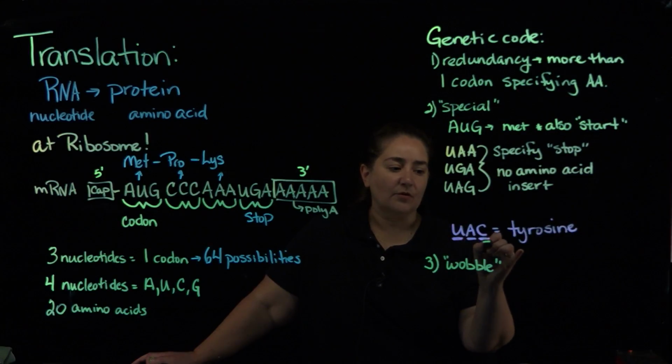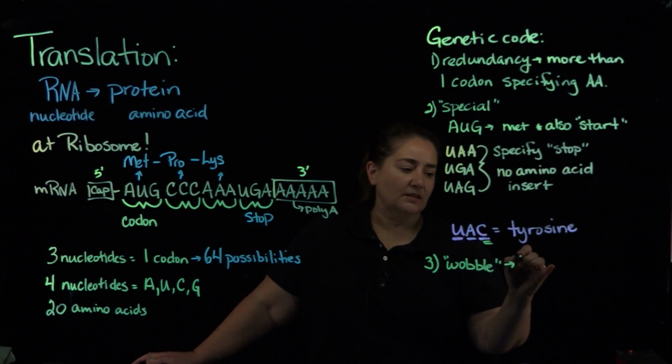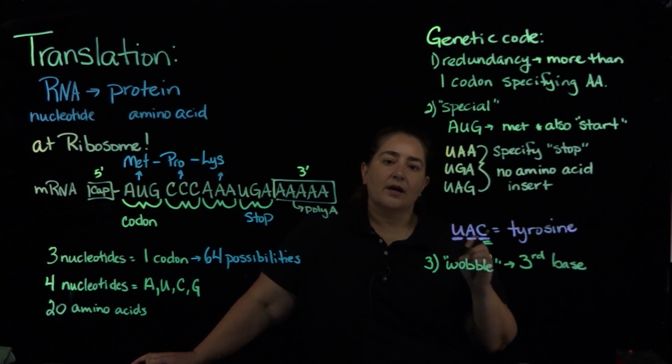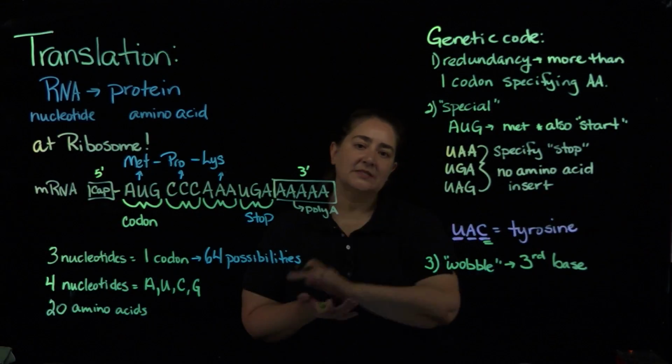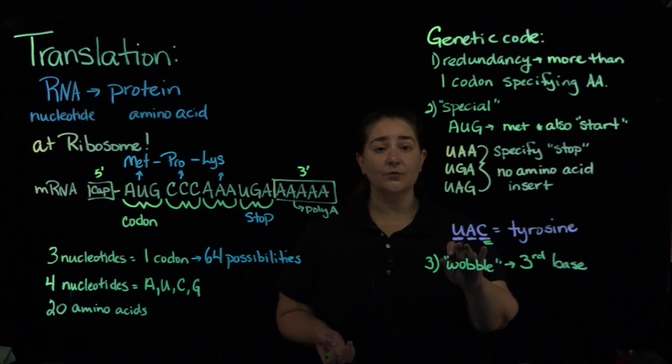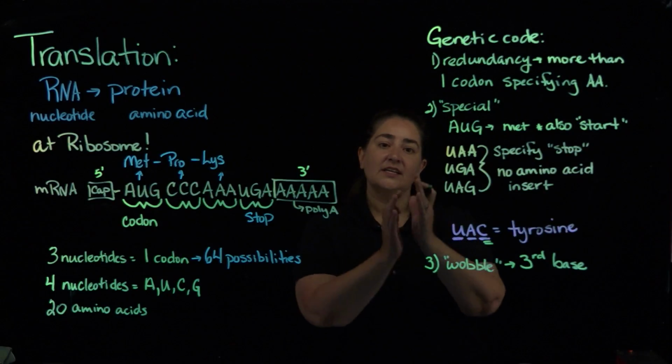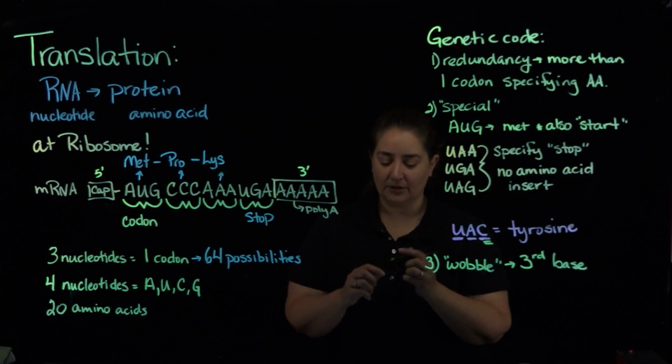And that wobble is at our 3rd base. When the ribosome and the RNA come together, the first 2 bases sit there in the ribosome very, very securely. The 3rd one, it's a little bit wiggly, okay?